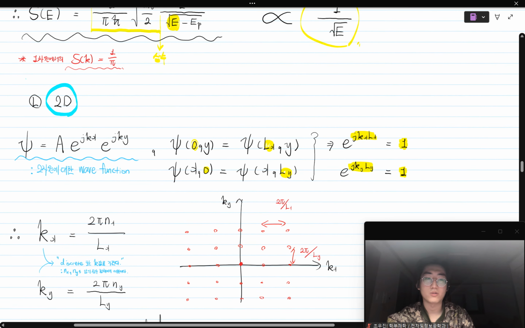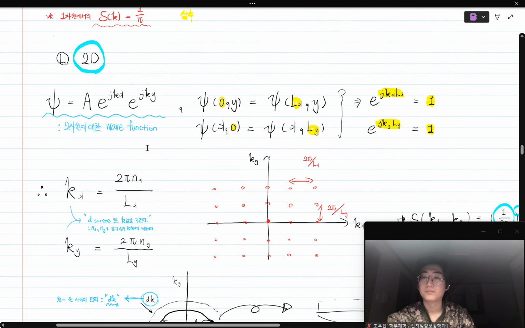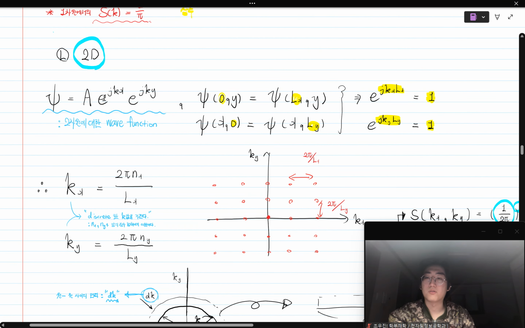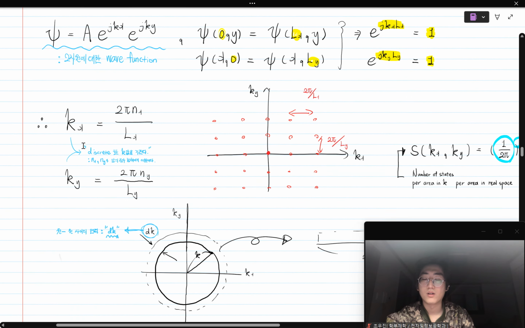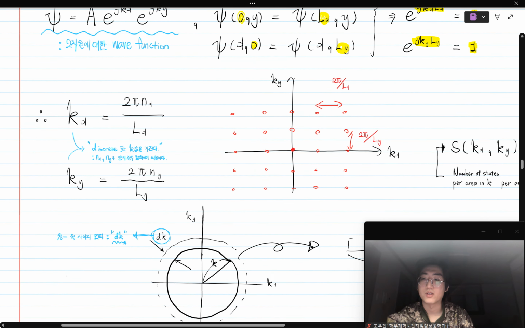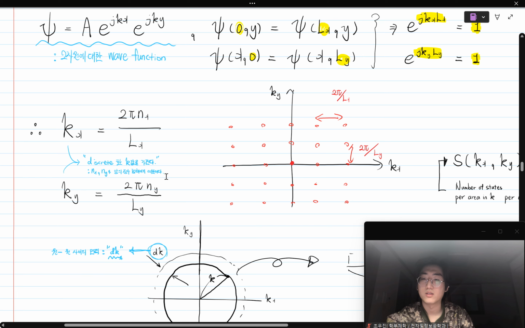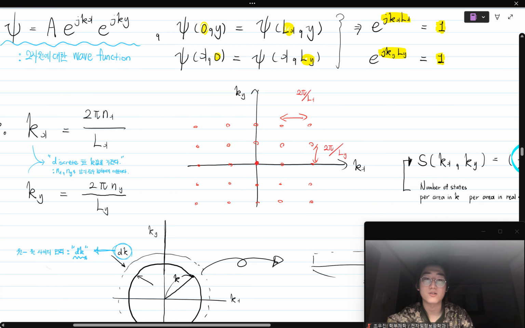Next I'm gonna talk about the second dimension. This wave function is for two dimensions, as you learned before, and can also be expressed like this. And kx and ky have discrete k values because nx and ny are positive integers.